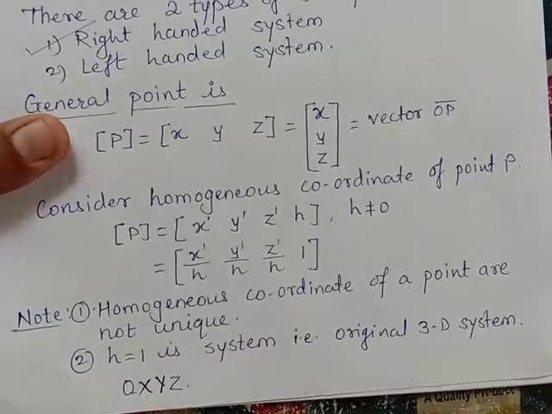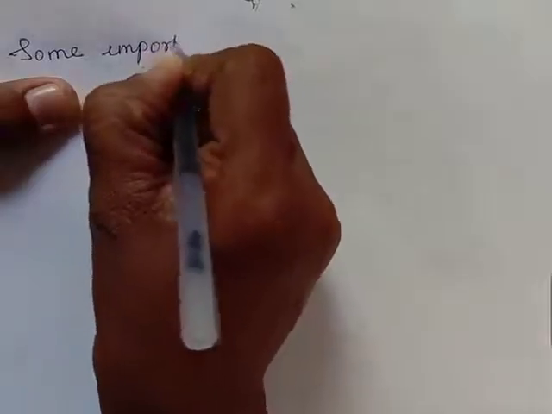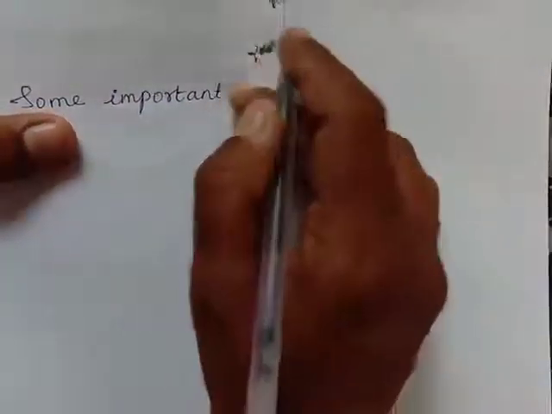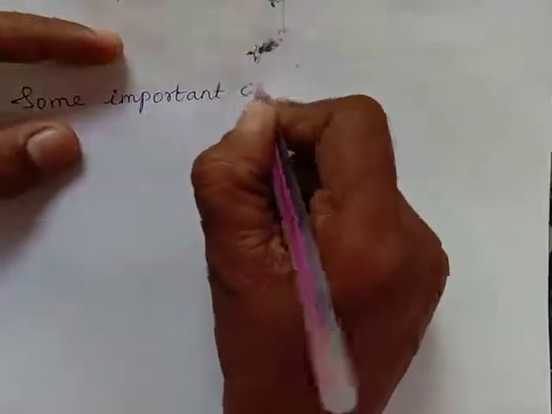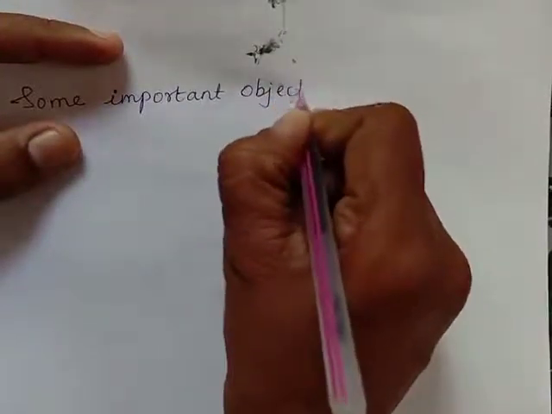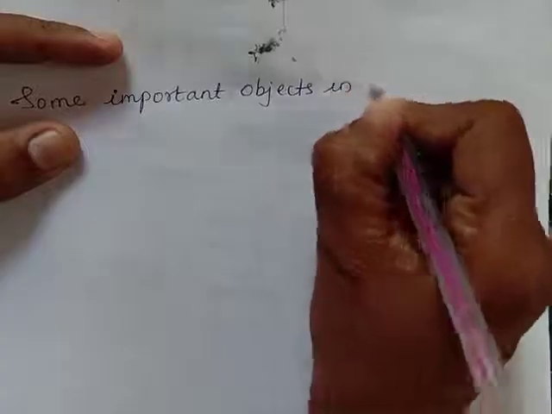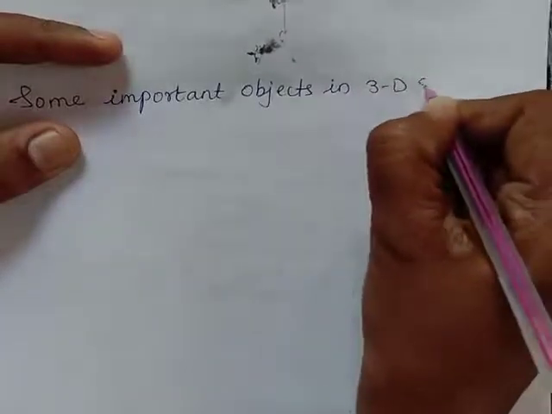Now let us see some important objects in the three-dimensional system.